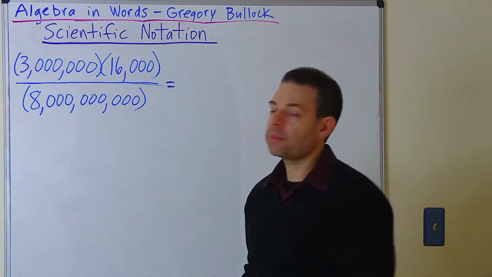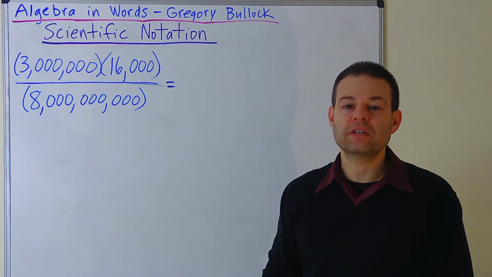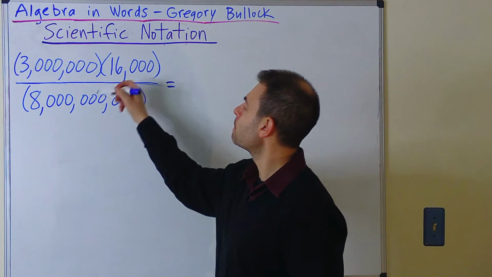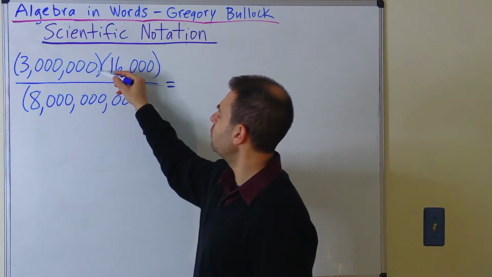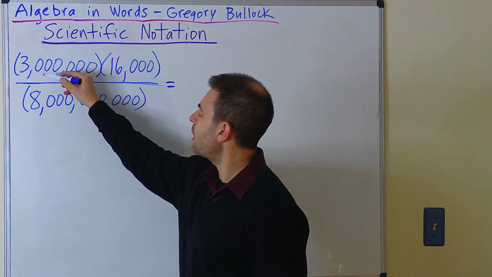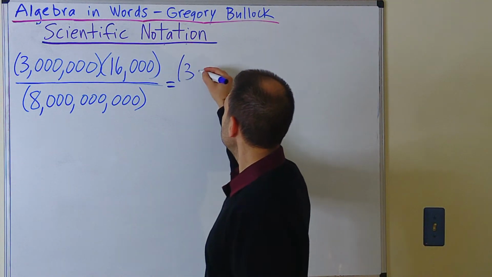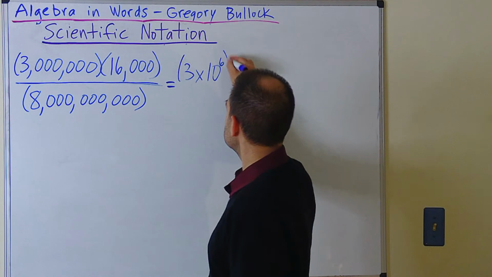Now again, the first step is convert each of the numbers into scientific notation. So for the top left one, 3 million, we're going to take the decimal here and move it 1, 2, 3, 4, 5, 6, and that's going to make this 3 times 10 to the 6.